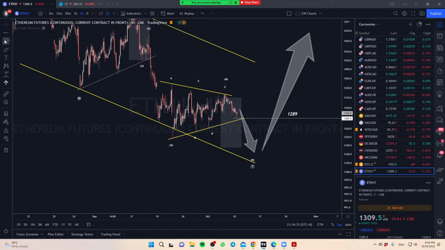Now, if that happens, you can look up for areas somewhere around that 1180. It's about $100 potential downside, right? A short-term play, if you're interested in that. Okay, so yeah, that's about it.